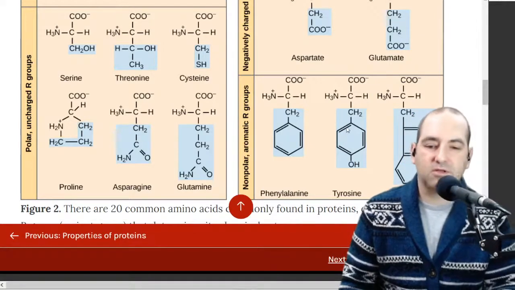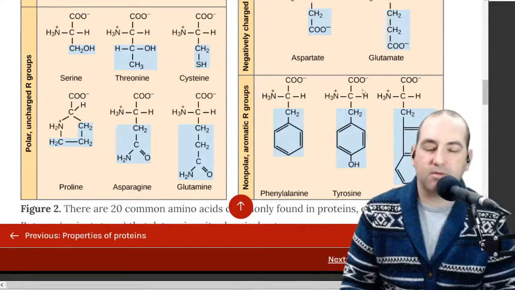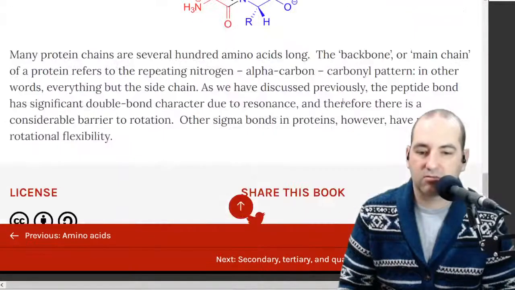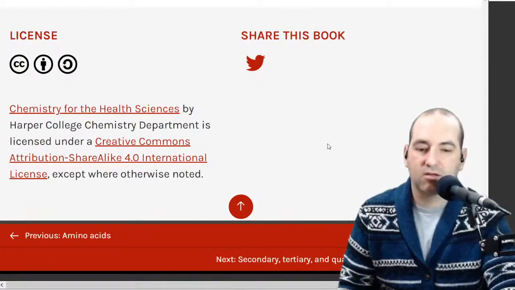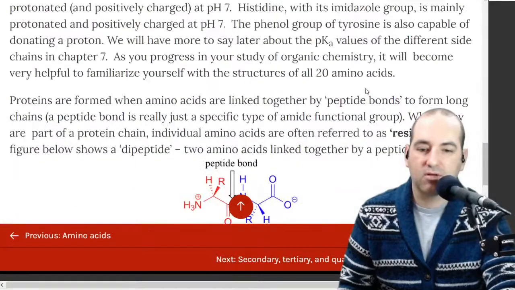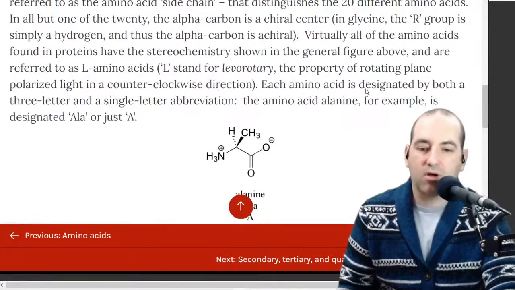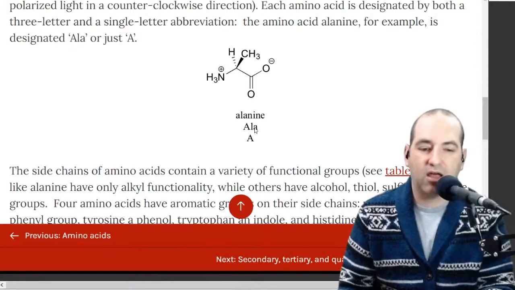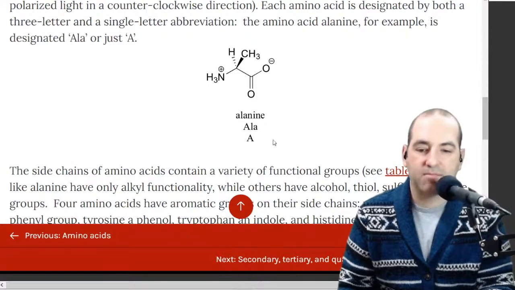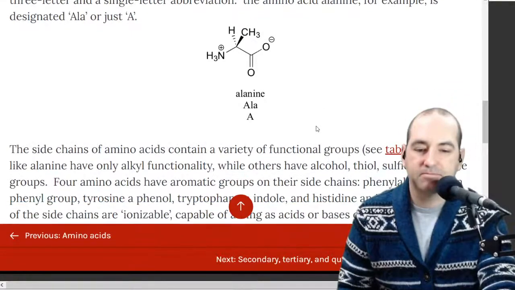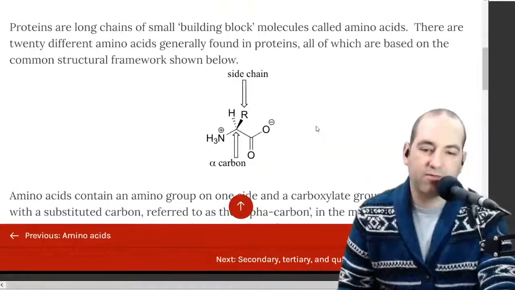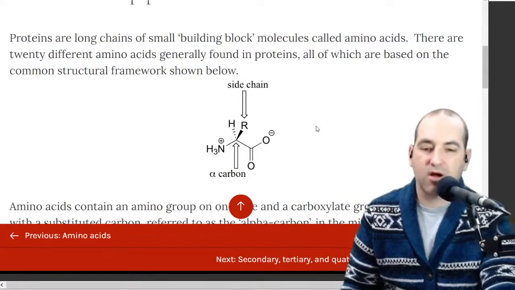Again, these are not things you need to memorize, but they may come up in your future learning, and you can recognize that they do exist. So, yeah, here's an example. Alanine can be designated as ALA or just A, and you can look those up if you need them for some reason. You won't for our class.